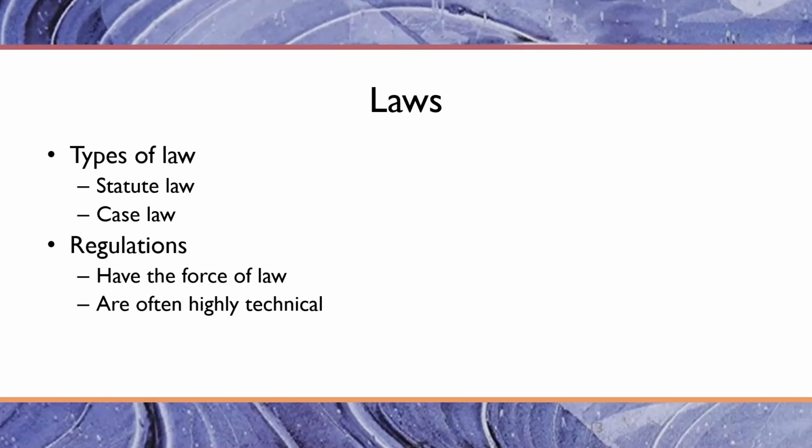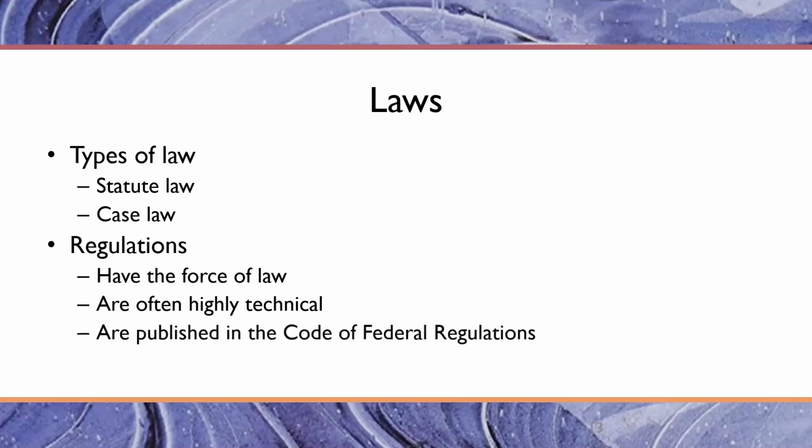And then at the federal level, they're codified in something called the Code of Federal Regulations. And the Code of Federal Regulations is a big set of books. The Federal Register runs to tens of thousands of pages a year. And it's very technical, but it's very important to the people who read it and want to understand how the laws are going to be implemented.